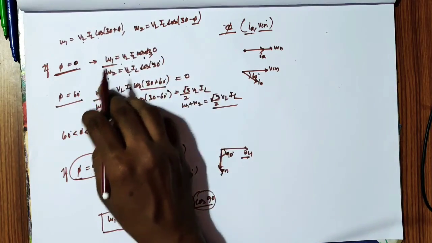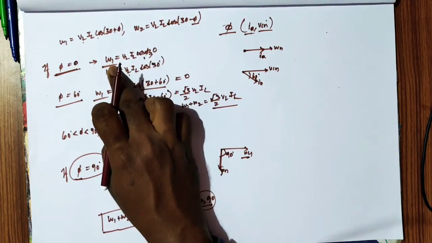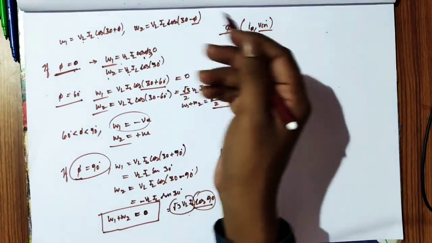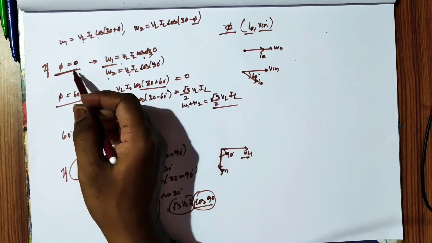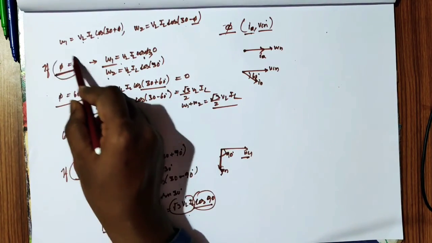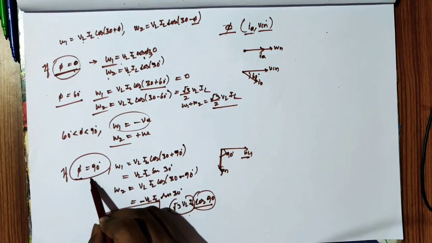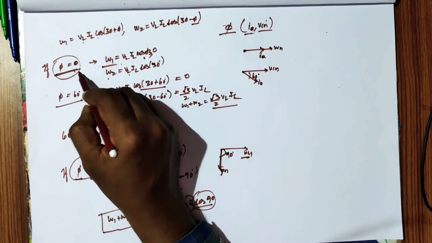He may ask you, then you have to find the W1 and W2 values. Or they may ask for a unity power factor instead of giving phi equal to 0, or a zero power factor. This is zero power factor and this is unity power factor.